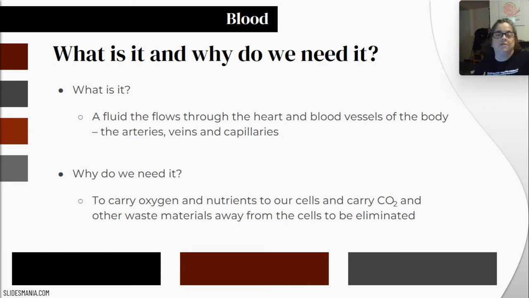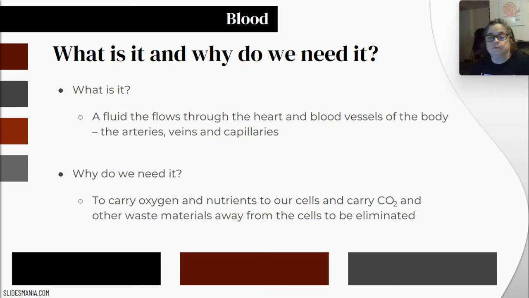And then it carries that oxygen to our cells, where it picks up those waste products of cellular respiration, carbon dioxide and other waste materials, in the capillaries there near the cells. It can trade that oxygen off for the waste materials, and carry those waste materials back to where they need to be processed and eliminated from the body.